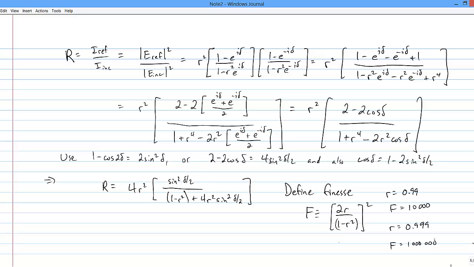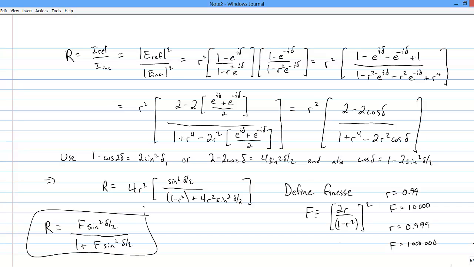F in those cases would be 10,000 and 1 million, respectively. Also, if you define F in that fashion, it lets you rearrange big R and express it as, and that's clean enough to do some interpretation.